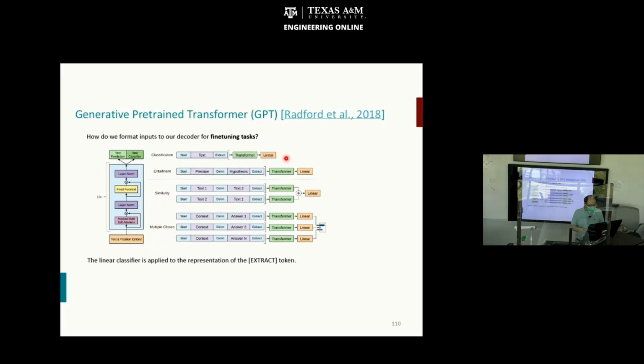So in other words, the linear classifier itself was already pre-trained by classifying the relationship between the two sentences. Isn't that fun? And that was using the transformer-learned embedding of the last extract token.